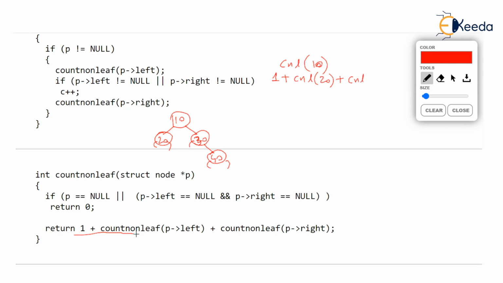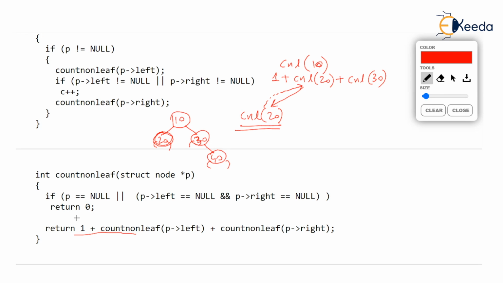Right subtree is 30. So if you execute count non-leaf for 20, as soon as count non-leaf 20 starts, it's going to return 0. Are you understanding? It's going to return 0 because it's a leaf. And very early in the function, we have checked if we are at a leaf node, then return 0.